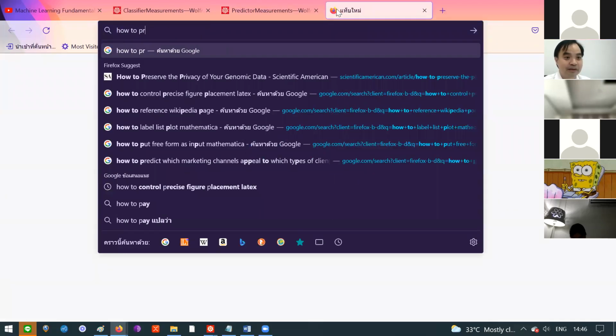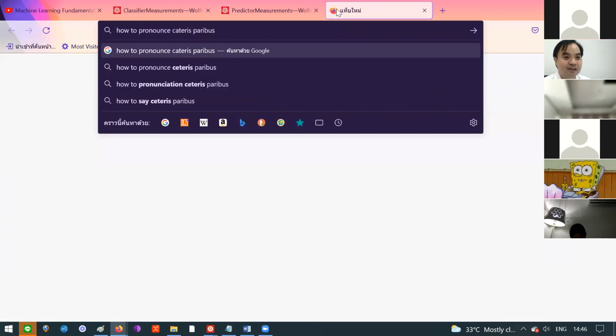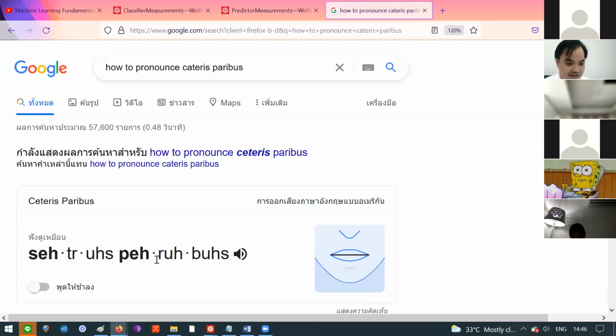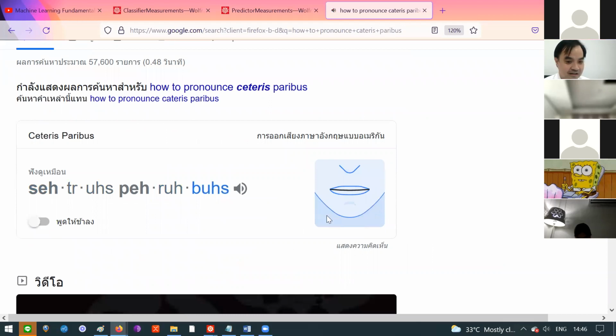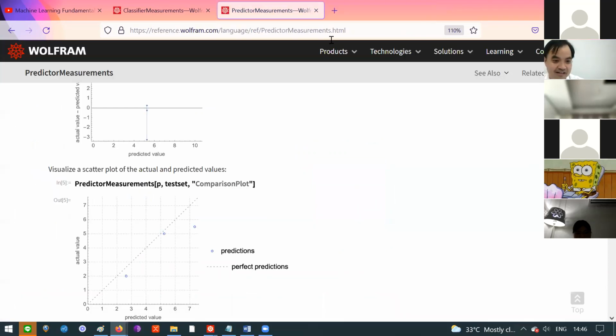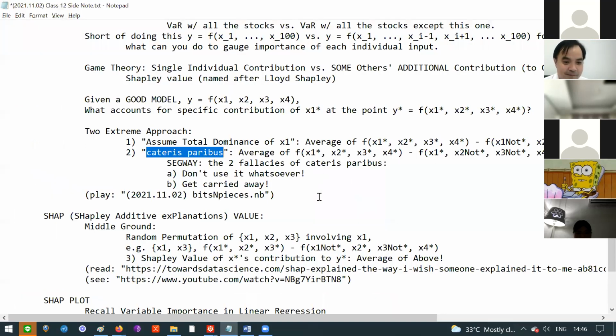How to pronounce... okay. Wait a minute. Ceteris paribus. Yep. Okay. Ceteris paribus. And that's what economists like to say.